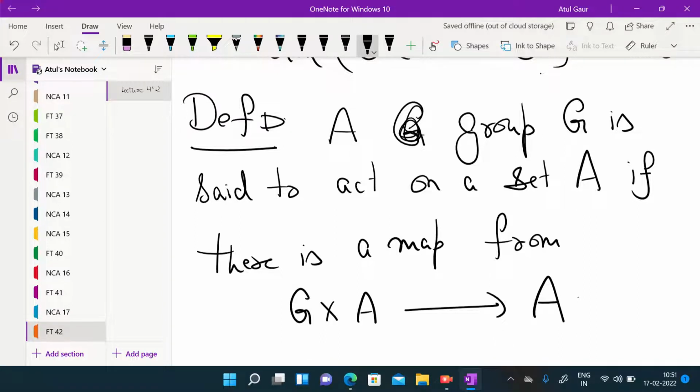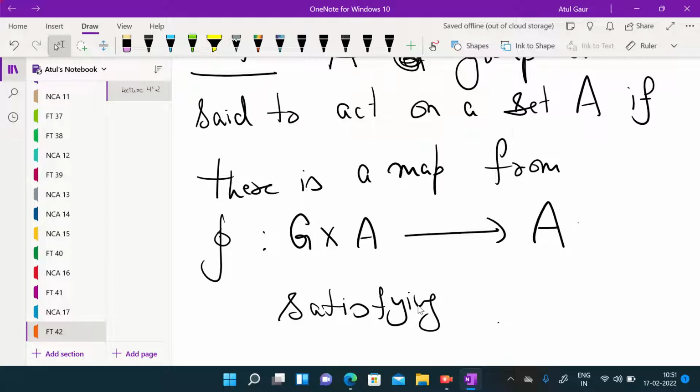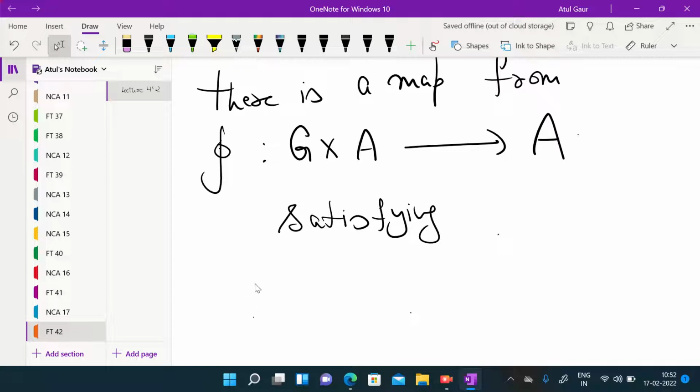And this function should satisfy, if you wish you can give it a name, suppose let's say phi, satisfying number one: you have an element, let's say g1, from the group G, and then you have an element, let's say a, from A. So phi(g1, a) is an element in A, right, because it's a function.